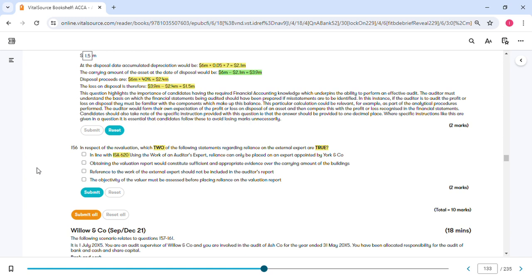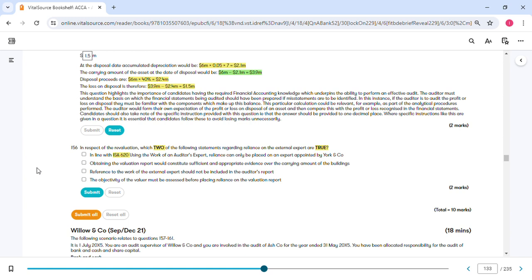Obtaining the valuation report would constitute sufficient and appropriate evidence over the carrying amount of the buildings. A reference to the work of the external expert should not be included in the auditor's report.